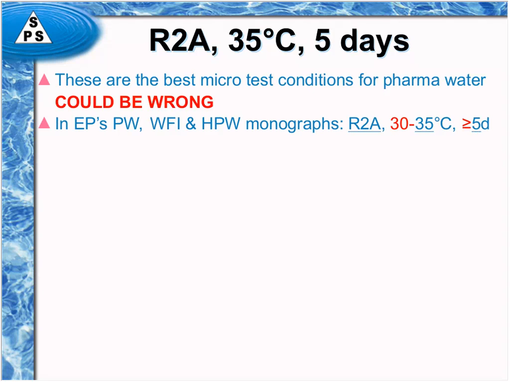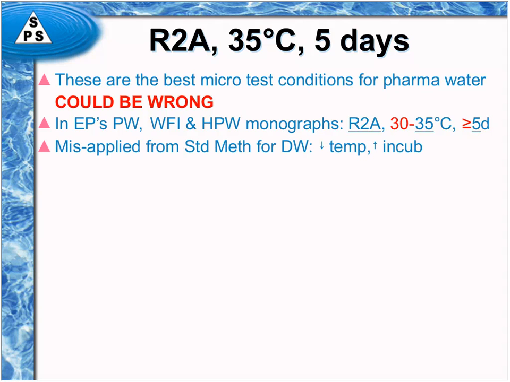You may find that a lower temperature recovers better organisms. 30 degrees works better than 35. You may find that 7 days is better than 5 days. But people tend to use what they perceive to be the hottest temperature that will get the fastest growth in the shortest amount of time. Hence the 35 degree and 5 day usage, which is very common.